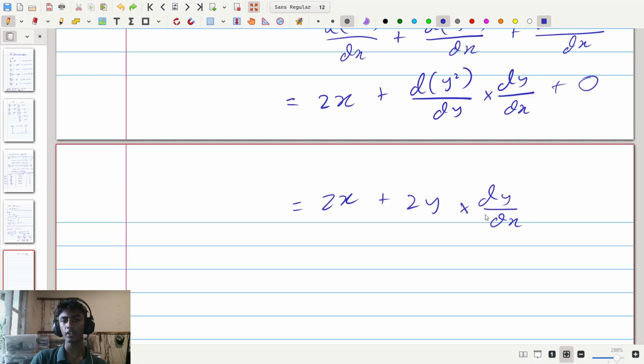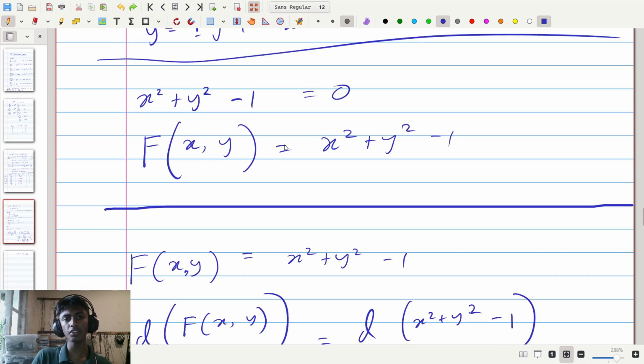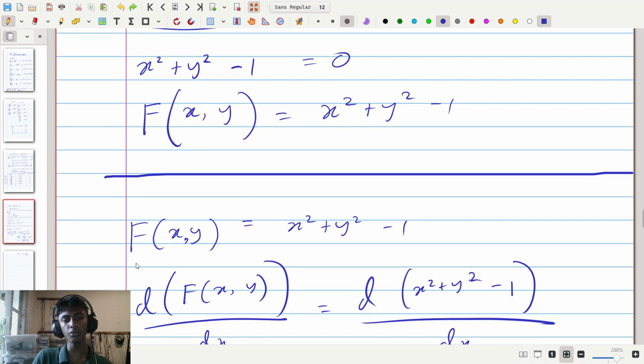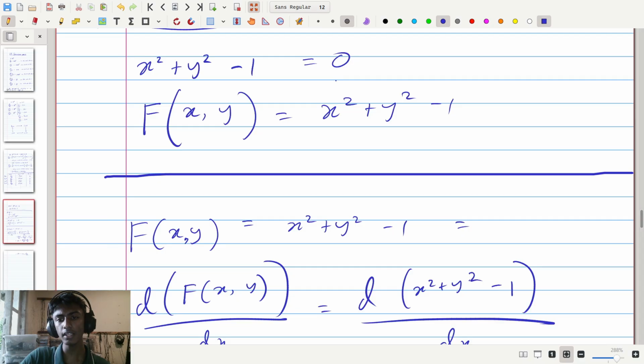Now, you might be wondering, how are we going to use this in order to find dy by dx? Well, recall how we defined the unit circle as the values of f of x comma y when this was equal to 0. So we had another 0 on the right here. Taking the derivative, the derivative of 0 is 0.